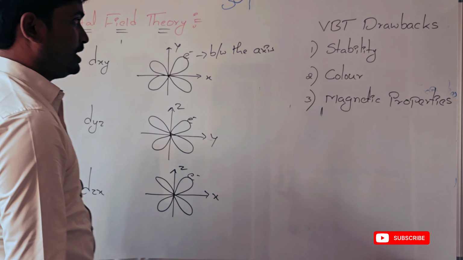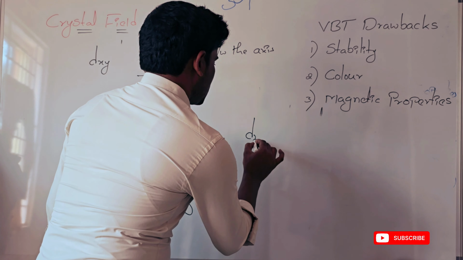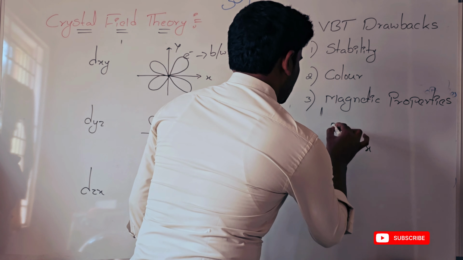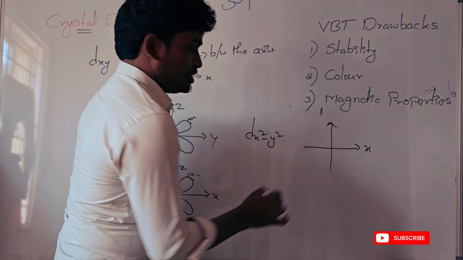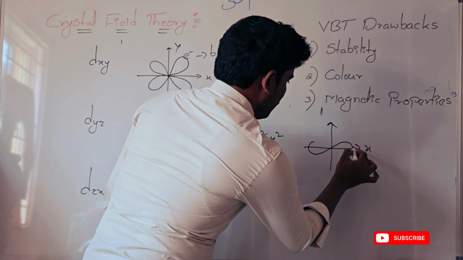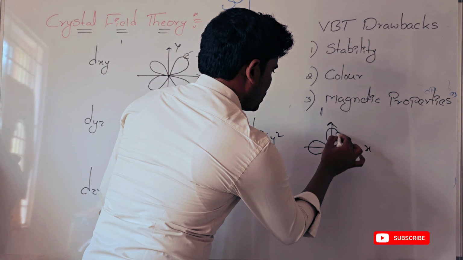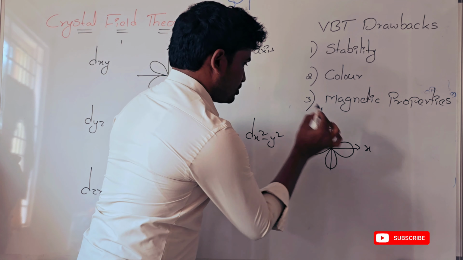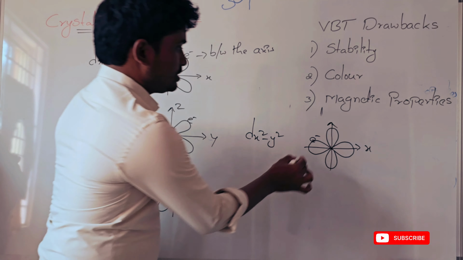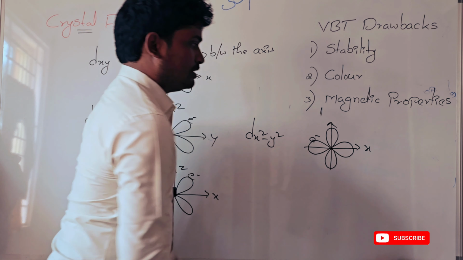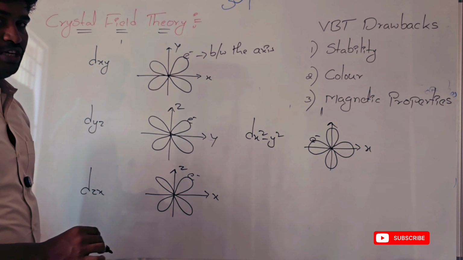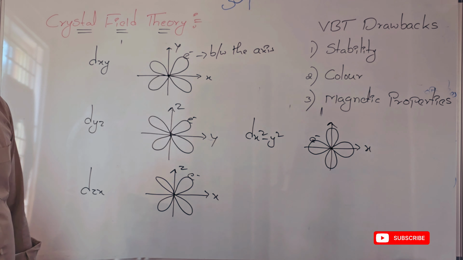The remaining orbital is dx square y square. This is the x-axis, this is the y-axis. So the electron density is revolving along the axis. The electron density is present along the axis. This is called the lobe. This area is called a node. Node means electron density is 0.